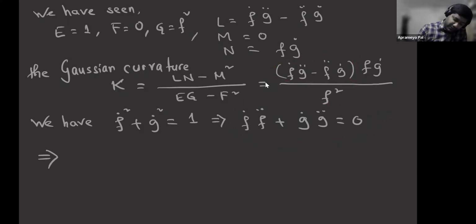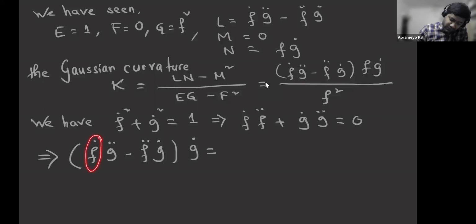So you put f dot g double dot minus f double dot g dot and take just the g dot. If you expand this, you get f dot, g double dot g dot, then you have g double dot g dot, which you can replace as minus f dot f double dot.